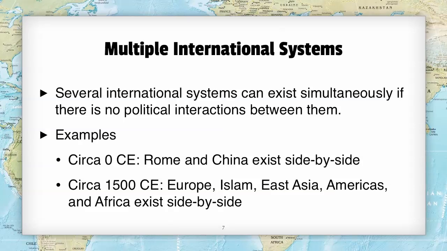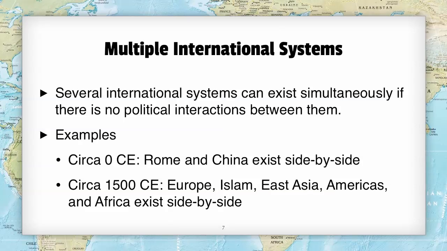The problem is that prior to some of the interactions, like the Mongols, for example, or most importantly, Christopher Columbus sailing to the New World in 1492, you have a situation where there was no meaningful political interaction among disparate parts of the world. So each of those disparate parts of the world basically constituted their own international system.